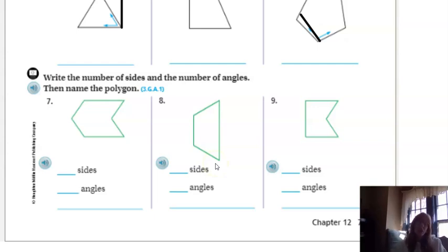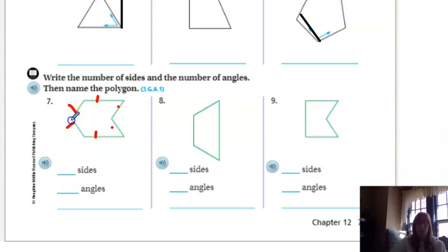For numbers 7, 8, and 9, the directions say write the number of sides and the number of angles, then name the polygon. So this is where we're going to count the sides. 1, 2, 3, 4, 5, 6. So we have 6 sides, and you're going to write the number 6.